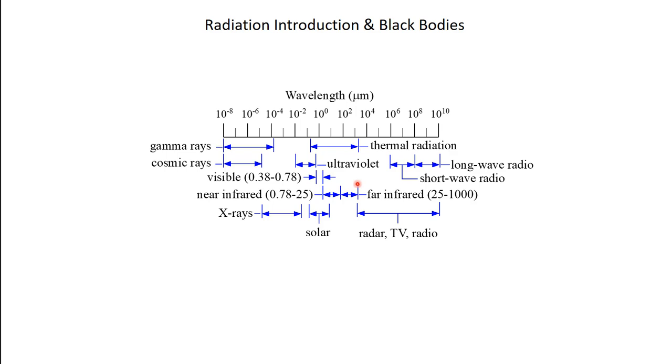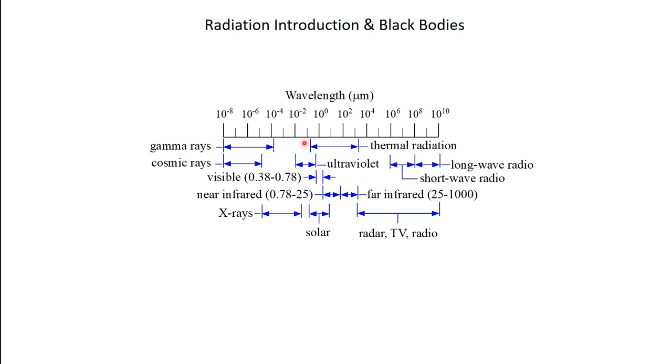In this class, we're really only worried about radiation in the sense of stuff that will be emitted by a surface by virtue of its temperature, right? So I'm really interested in thermal radiation. I'm interested in a hot surface emitting radiation that is then absorbed by a colder surface, and that causes a heat transfer.